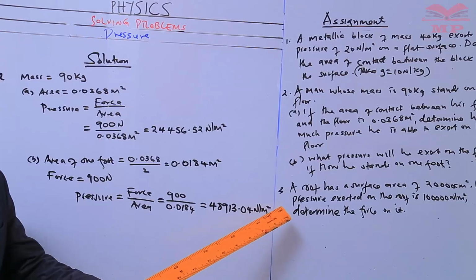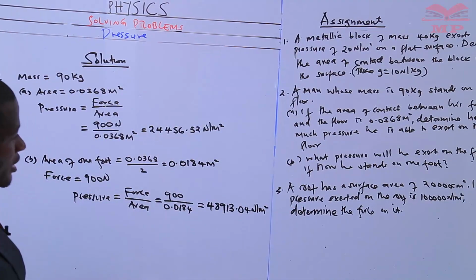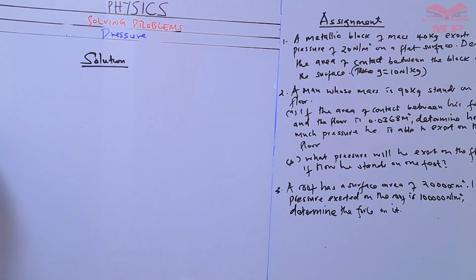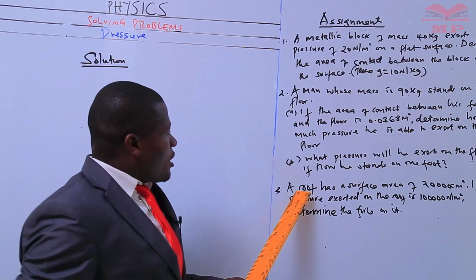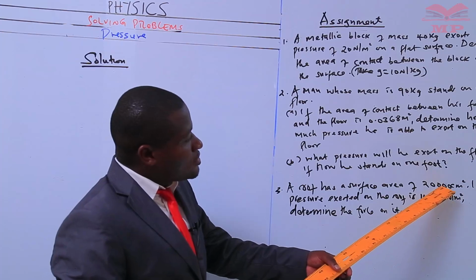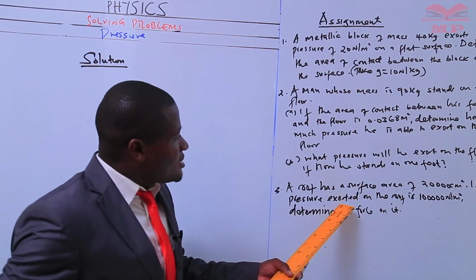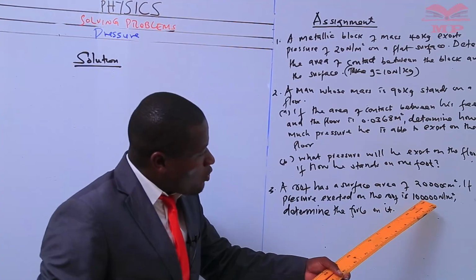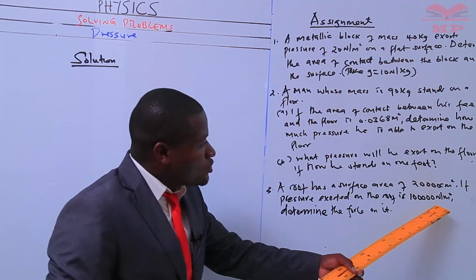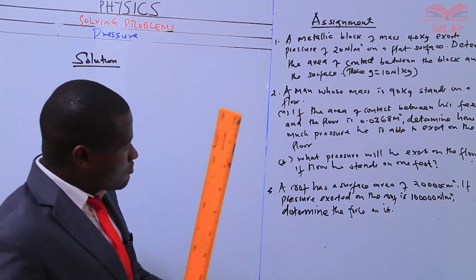Then the last part, that is question 3, we are also going to simplify it. Question 3, a roof has a surface area of 20,000 square centimeters. If pressure exerted on the roof is 100,000 Newton per meter squared, determine the force on it.